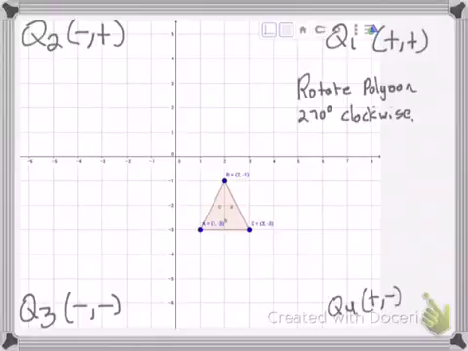Next one, I'm going to rotate this polygon 270 degrees clockwise. Notice I showed you the quadrants: quadrant 1, positive, positive; quadrant 2, negative, positive; quadrant 3, negative, negative; and quadrant 4, positive, negative.